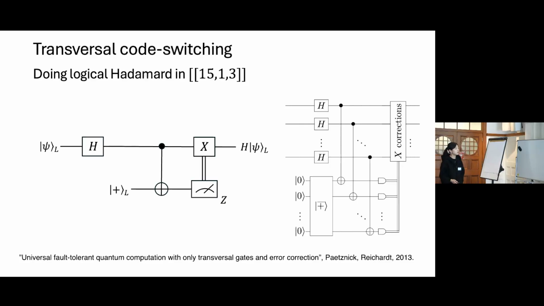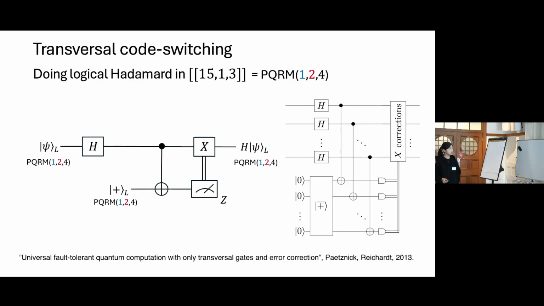So why is this transversal code switching? Let me redraw the diagram. It should be a bit simpler. So this is the idea. And as I've said before, these are the punctured QRM codes, and let's put them there. After this Hadamard gate, the X sector and the Z sector are swapped.